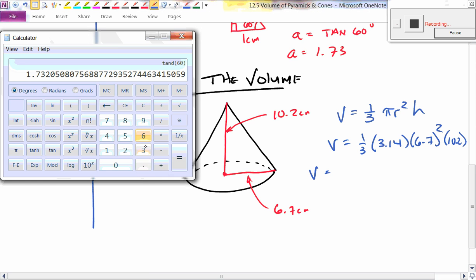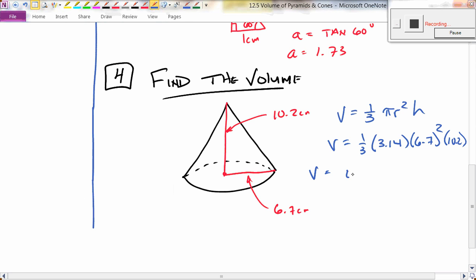I would go 6.7 squared times 3.14 times 10.2. Get your answer, and then divide all of that by 3, which gives us 479. And what's my unit here? Centimeters. So volume is 479 centimeters, and we're going to cube our answer because we're talking about volume.